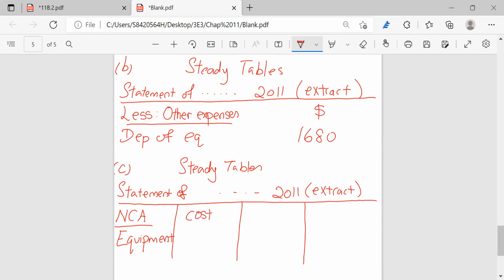Now there are 3 columns for the header here: cost, accumulated depreciation, as well as your net book value.